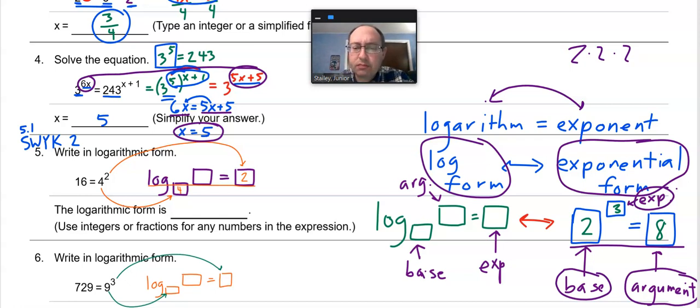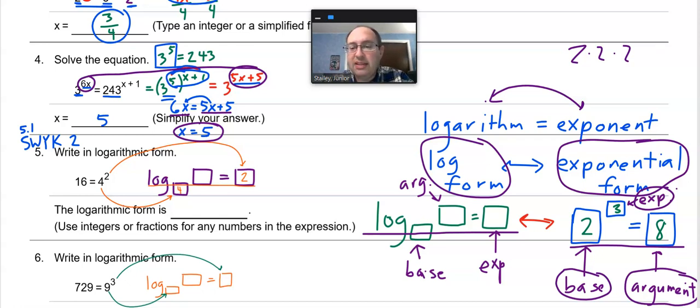I'm going to put a line here just so you understand, and I'm going to get rid of this line in a second. LOG is on that line. Then there's a box below that. It's going to look like a subscript. And then there's going to be a number at the same level as the LOG. And then there's an equal sign, and then another number on the other side, which is also at the same level.